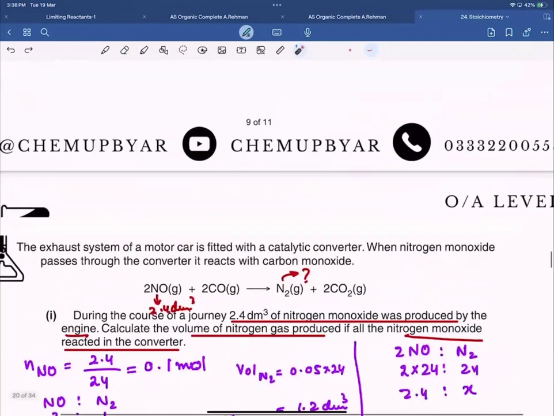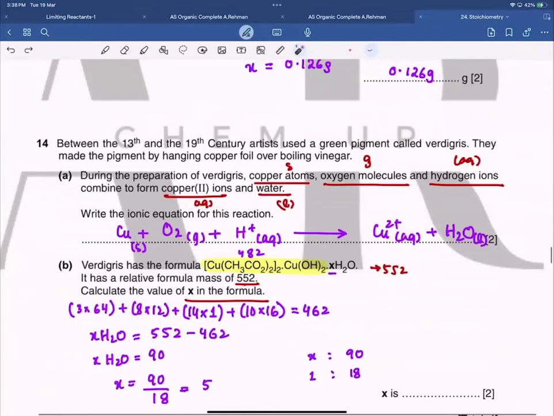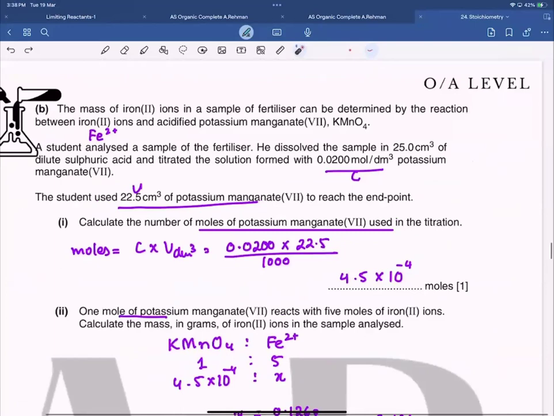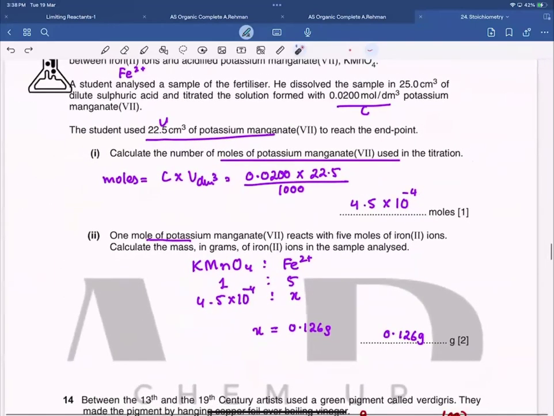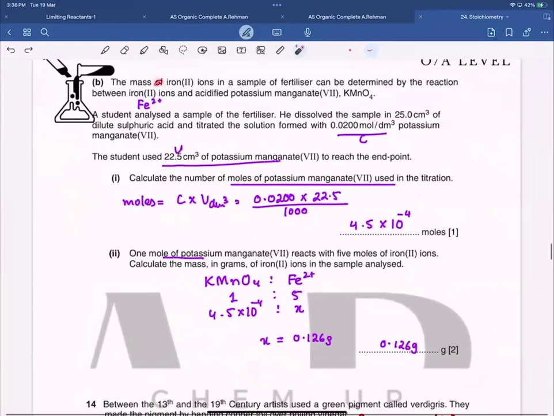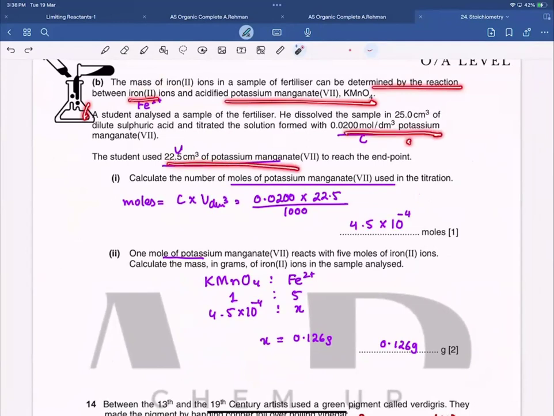Right? Now, have a look at another question. The mass of the iron 2 ions can be determined by the reaction of iron 2 ions and acidified potassium permanganate. There are 2 reactants, right? But if you read the next line, you will understand they have given you the amount of one substance only.